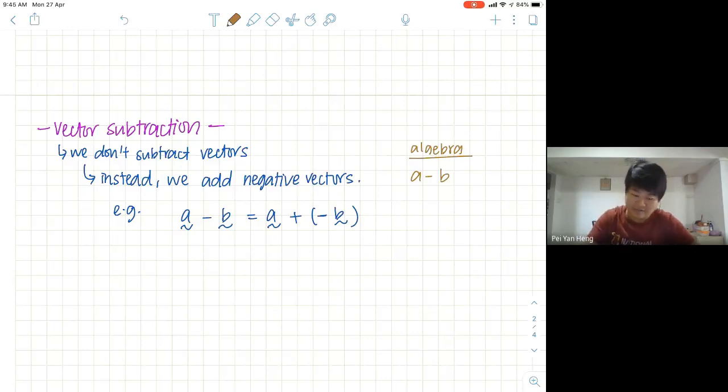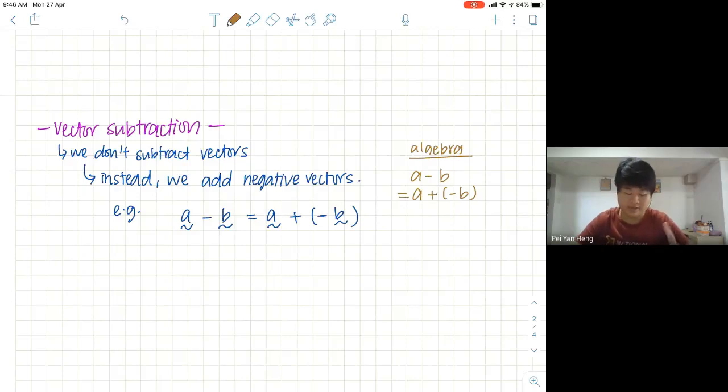If you remember your algebra, if you have A minus B, it's the same as A plus negative B. So for vectors, it's the same.